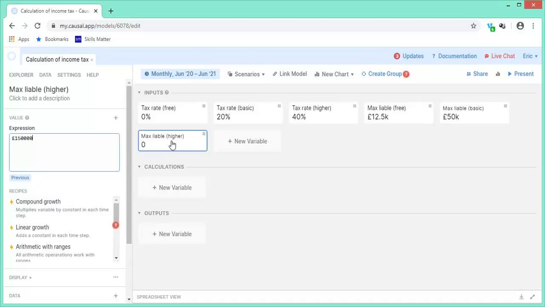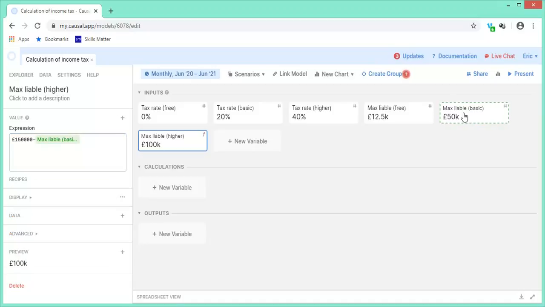So the maximum that can be taxed in that band will be 150,000 minus 50,000, which is the upper limit of the basic band. So that will be 100,000. So the maximum of 100,000 above anything between 50,000 and 150,000 will be taxed at the higher rate. So that means that the maximum that can be in that band is 100,000 pounds.